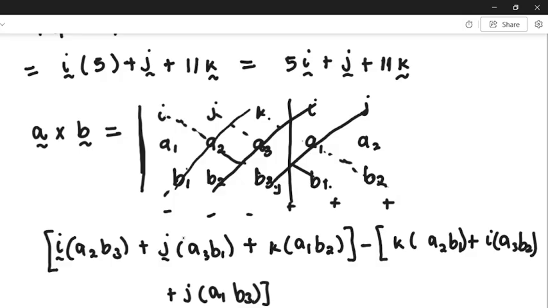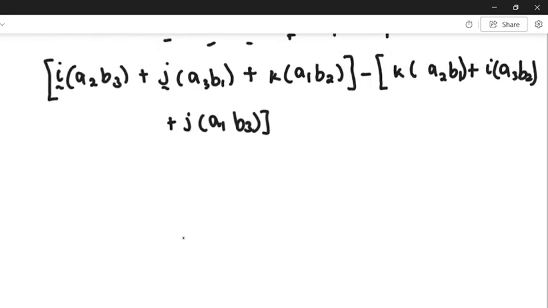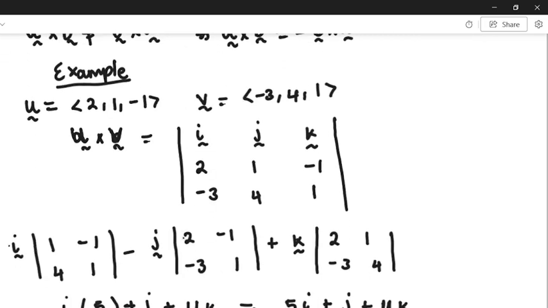So you are going to collect the like terms and then you subtract. So the i's will subtract with the i, the j subtracts with the j, and the k subtracts with the k. So if we're going to use our previous example, we have 2 1 negative 1, and then v is negative 3 4 1.